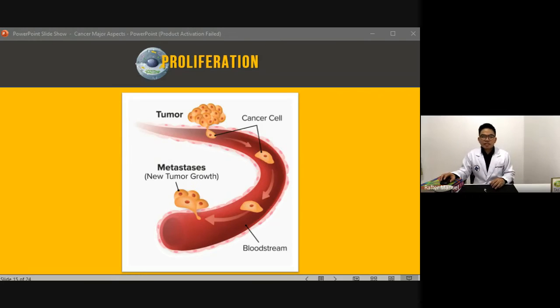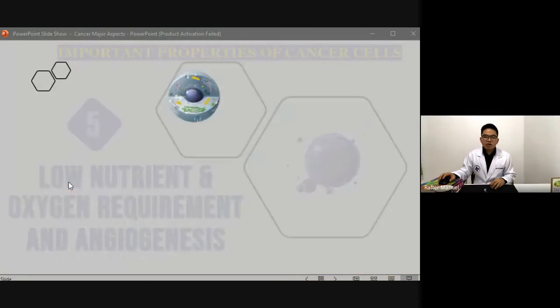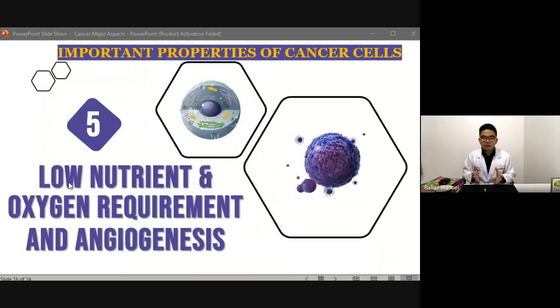Another feature of this cancer cell is the low nutrient and oxygen requirement and angiogenesis. When we say angiogenesis, this is the formation of new blood vessels. Now, the concern here is that as the cell grows rapidly, these cells need to have proper nutrients.